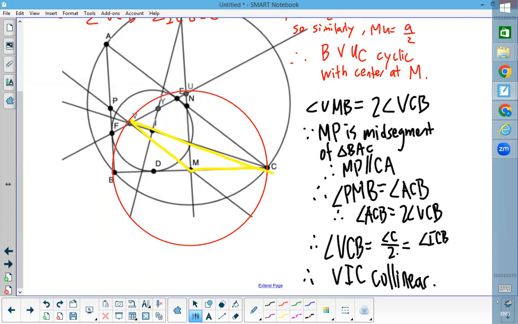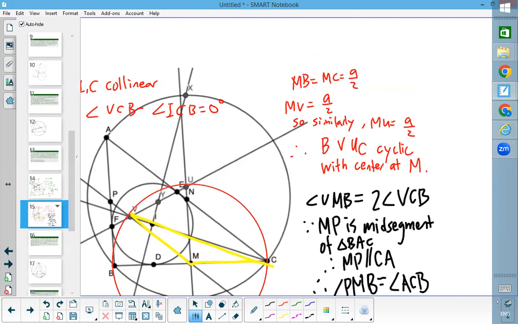You have several choices. That's probably why this is number 6 on the USAMO. But here we have this cyclic quadrilateral, and that allows you to prove that V, I, C are collinear. So that's the first part of the problem.